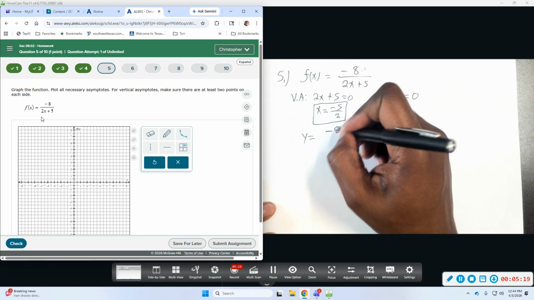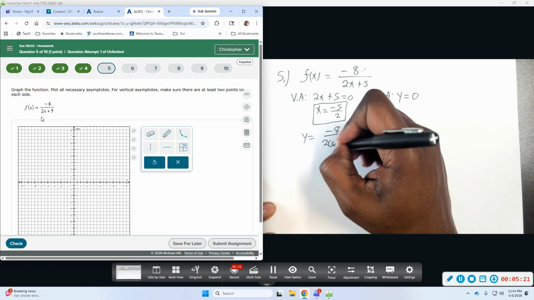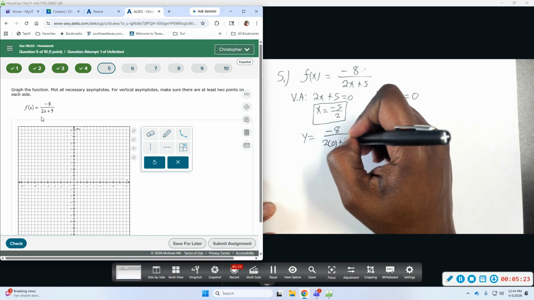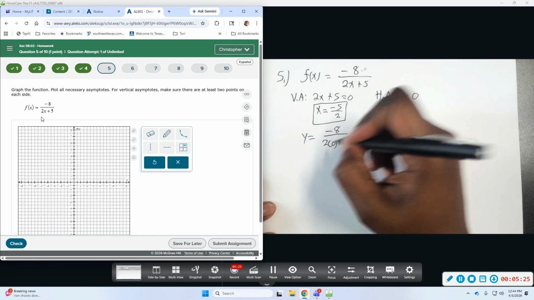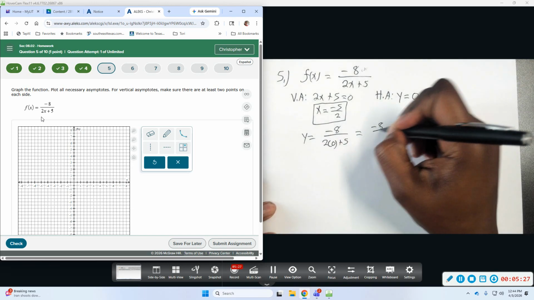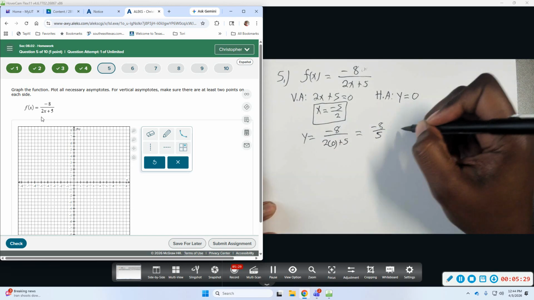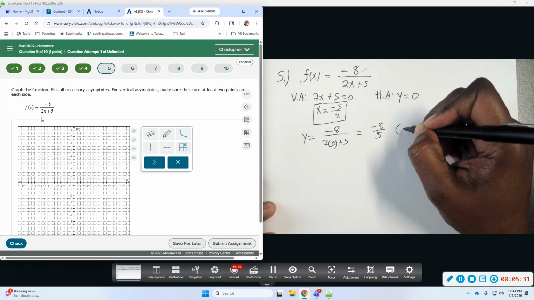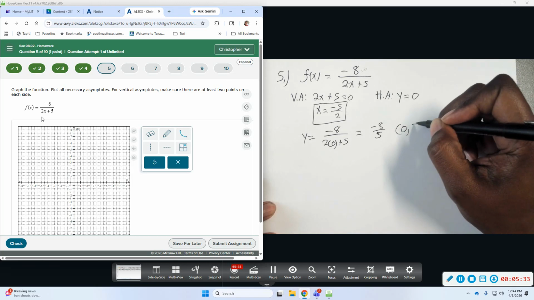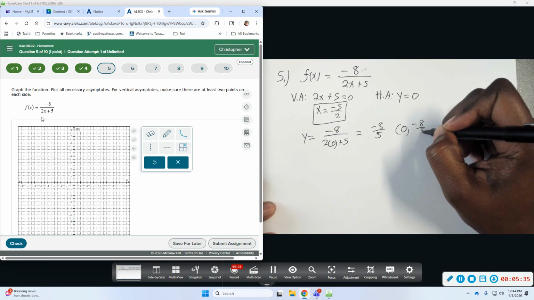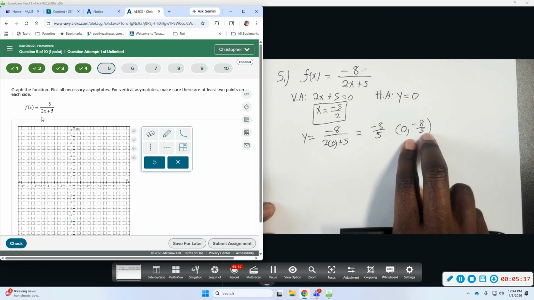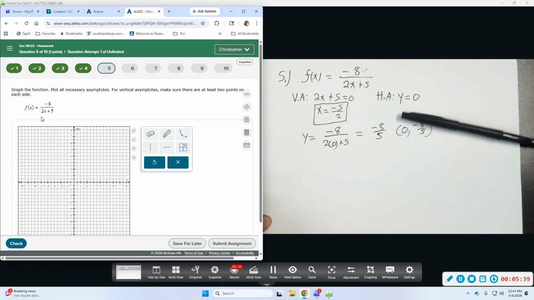So -8 over 2 times 0 plus 5. It's going to give us -8 over 5. So as an ordered pair, we get x is 0 and y is -8 over 5. So we do get a y-intercept. So those are all the things that we can do so far.